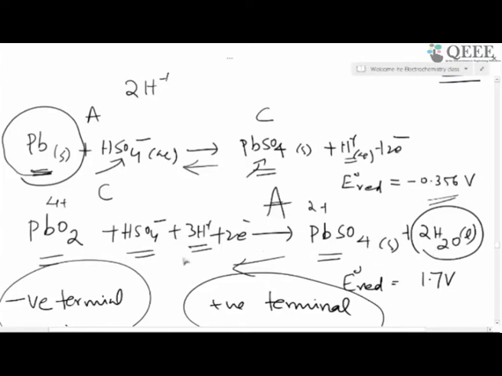So in other words, when you discharge the battery, sulfuric acid is consumed and lead sulfate is produced along with water. What it means is the concentration of the acid decreases as you discharge the battery. When you charge the battery, sulfuric acid is returned again, right? When you go back this way, you get the sulfuric acid back.